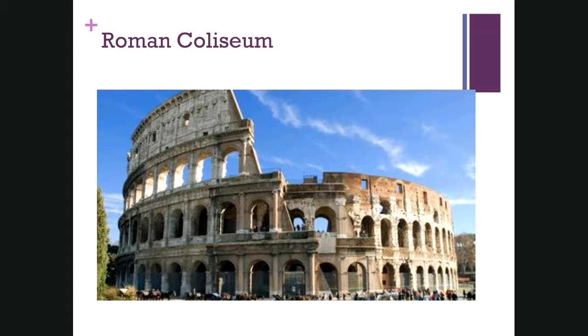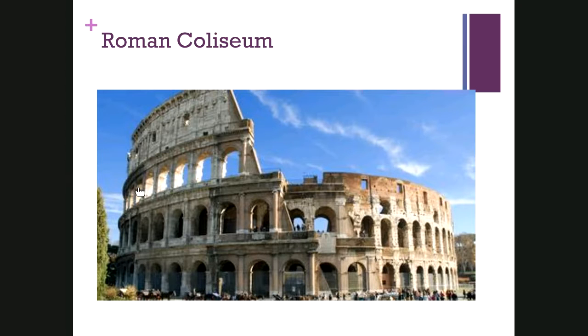So I'm going to show you some buildings that you should know. There's certain buildings that you should leave this class knowing what they are. The first one is the Roman Colosseum, a very famous building. This is where they used to have gladiator fights and put people out to lions.